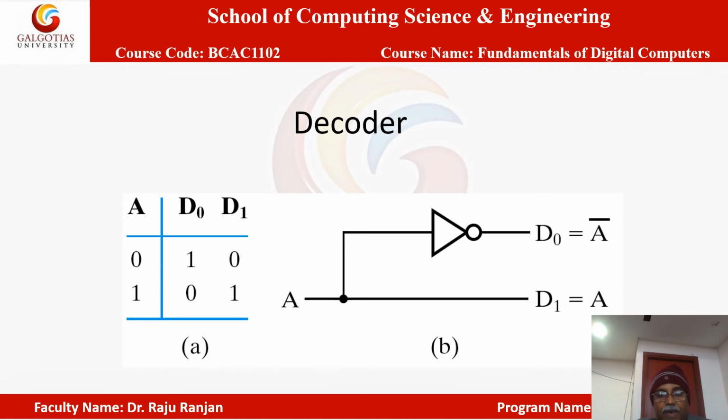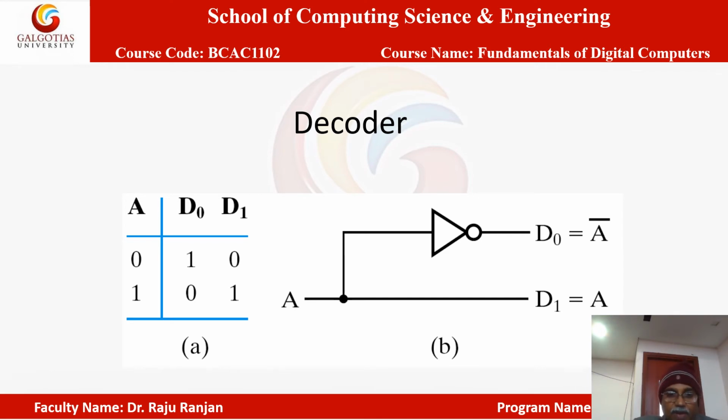Now what will happen if the input is 1? D1 is directly connected to the input A, so D1 will also be 1, meaning D1 is equal to A. And this 1 enters the inverter circuit, which inverts the bit, and it becomes 0.